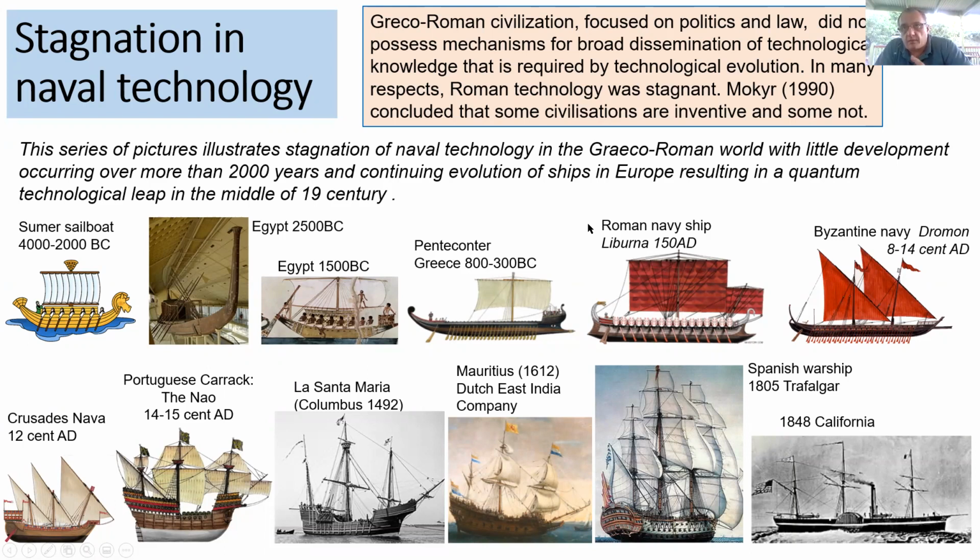For example, we can mention Greek fire, but overall the shape and performance of different Navy ships remained basically similar over many hundred years. This is in contrast with the very fast development of European shipbuilding, especially during the times of active exploration of the world. And finally, at the time of the Industrial Revolution, the introduction of steamboats.